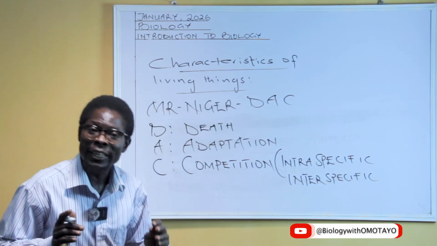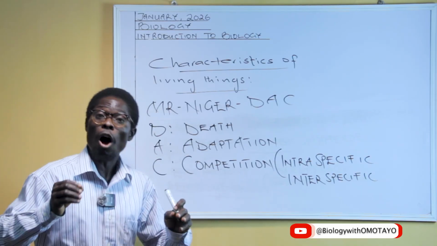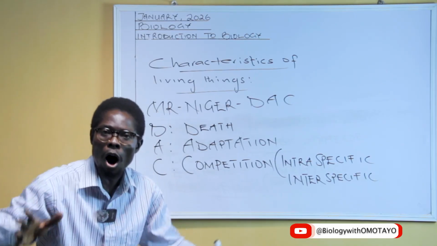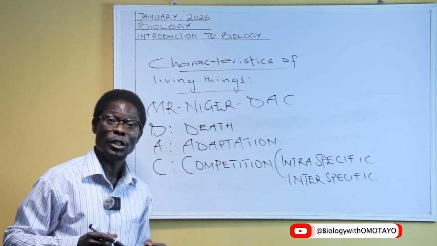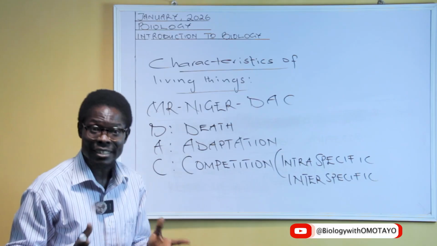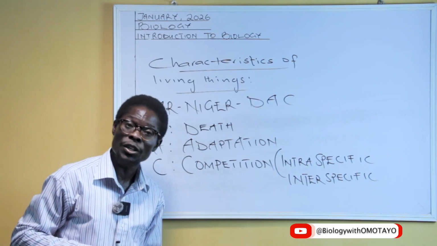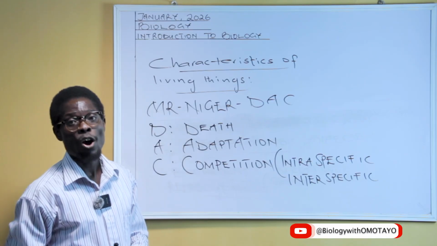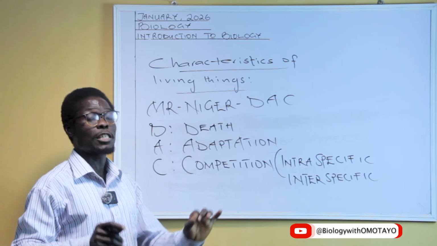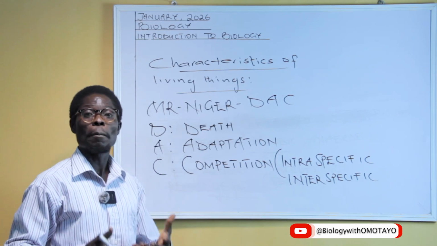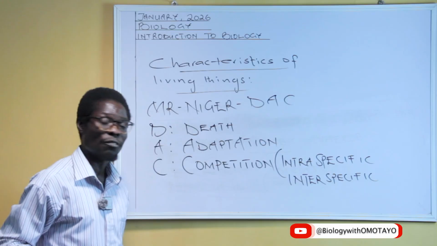Well, for intraspecific competition, it is a competition between organisms or among organisms of same species. So when you have competition between rats, then what you are having is intraspecific competition. However, where the competition is between organisms of different species, probably between man and a rat, in that case, what you are having is interspecific competition.